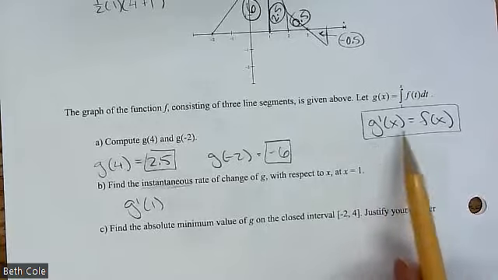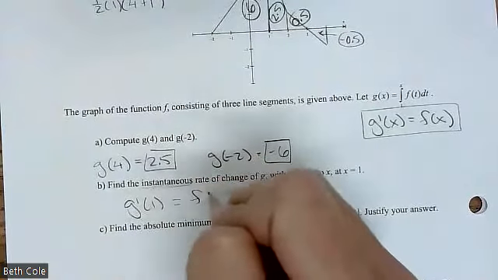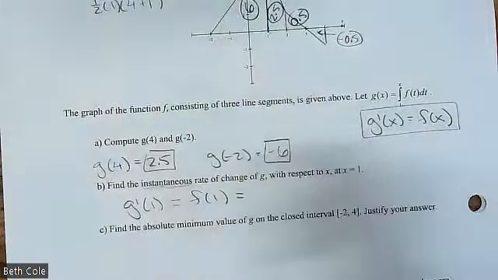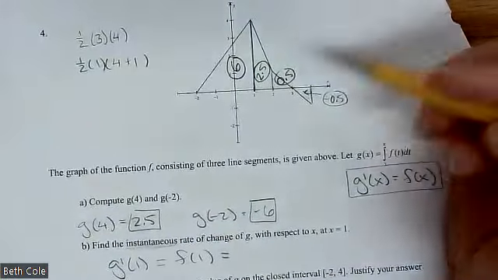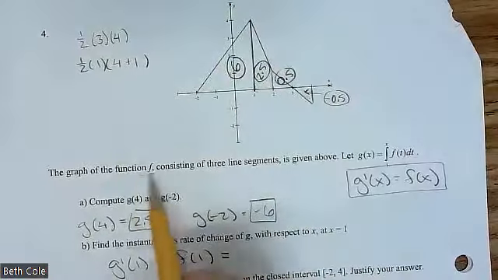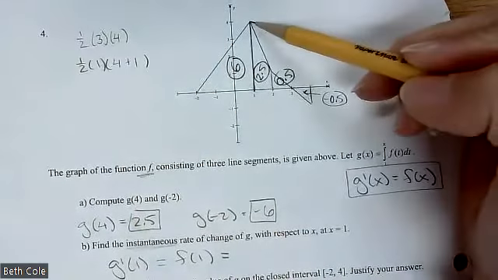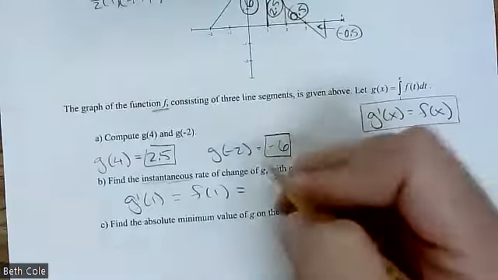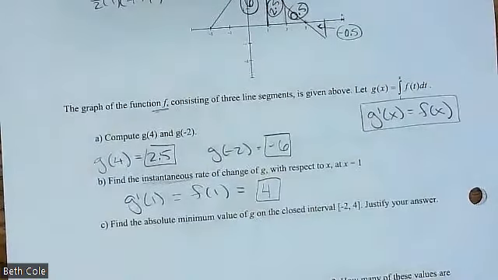So if they want g prime of 1, they're really asking for f of 1. And that graph is f. So it's really just f of 1, like the point 1, whatever, because this is the graph of the function f. So do you see that there? It's 1, 4. That's really all that is. But you have to be able to interpret what it's asking you.